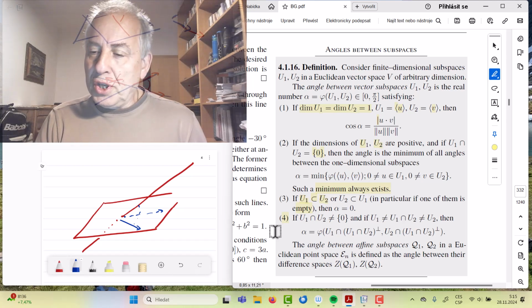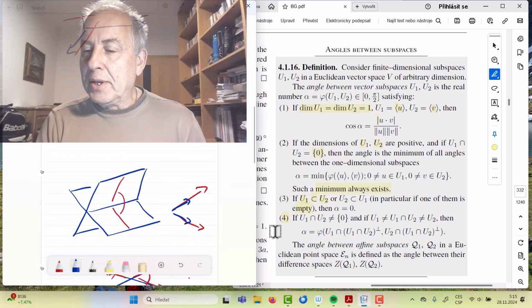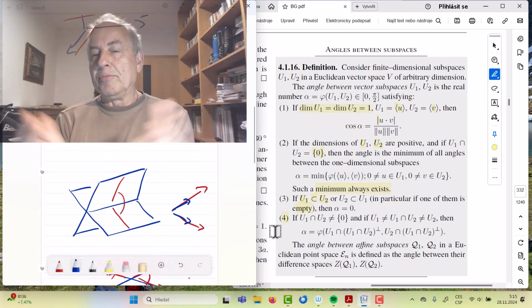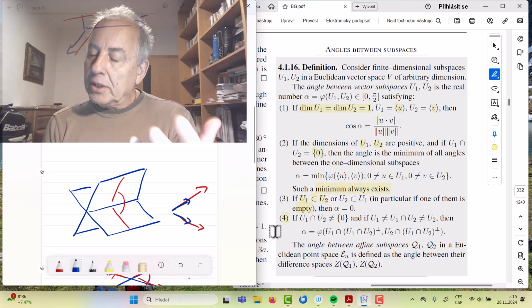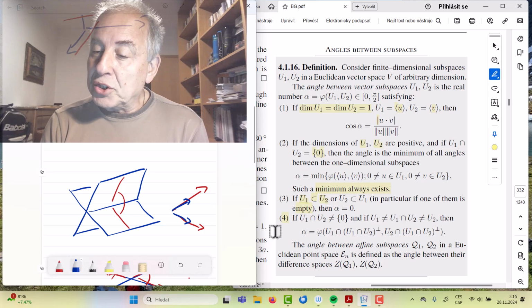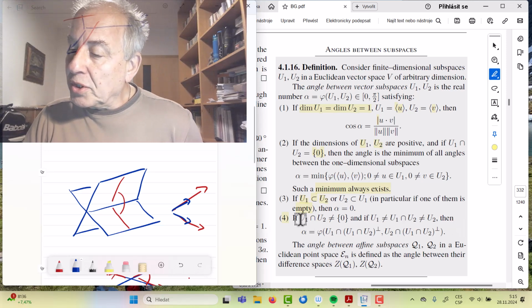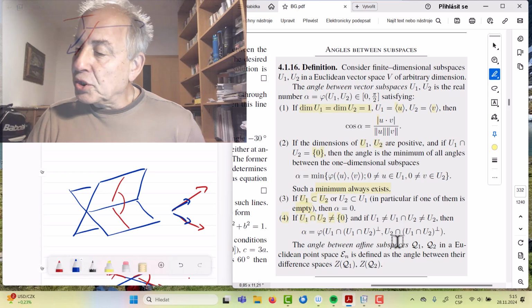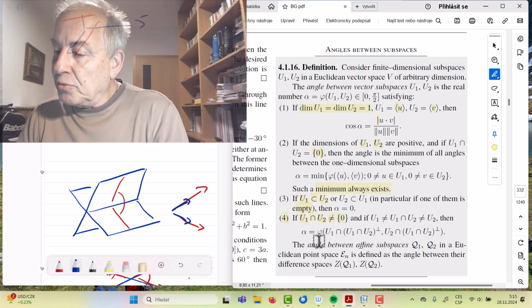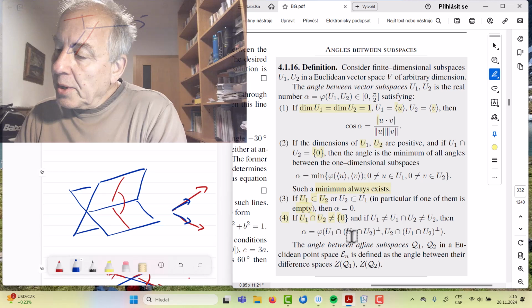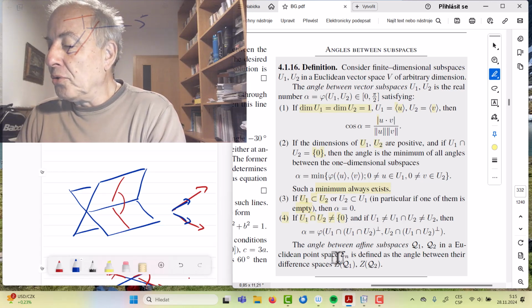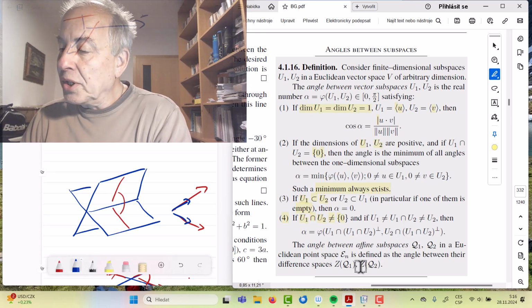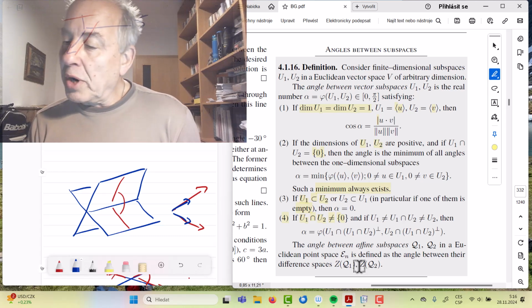That's what I drew here with the truss shaped, say, couple of planes, and taking the orthogonal complement to the intersection. It's exactly what's written here, right? So what we take is U1 intersected with the complement of the intersection of those, and U2 intersected with the complement of the intersection of those, and this brings us already to the case 2.